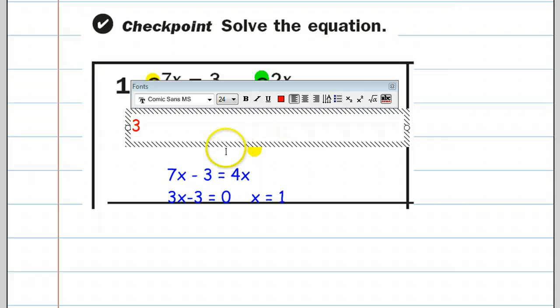So it's 3 to the 7 minus 3, which is equal to 3 to the 4. Is that equal to 9 to the 2?